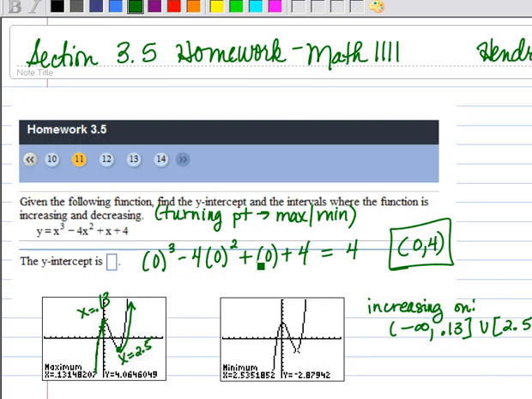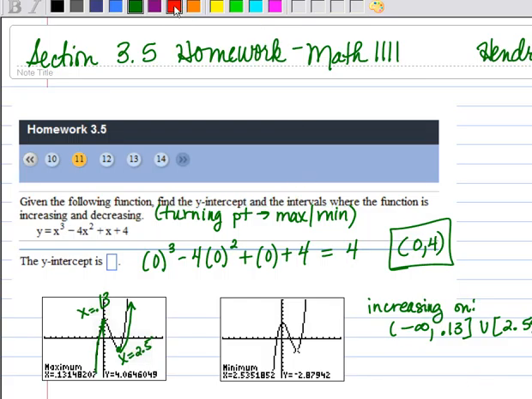Now, you'll need to read carefully on the My Math Lab to see how many decimal places it tells you to round that value to. I've rounded it to, well, I did differently here, either 2 or 1, but if it says to do 2 decimal places, I would need to have put 2.54 over here. I'll go ahead and do that.